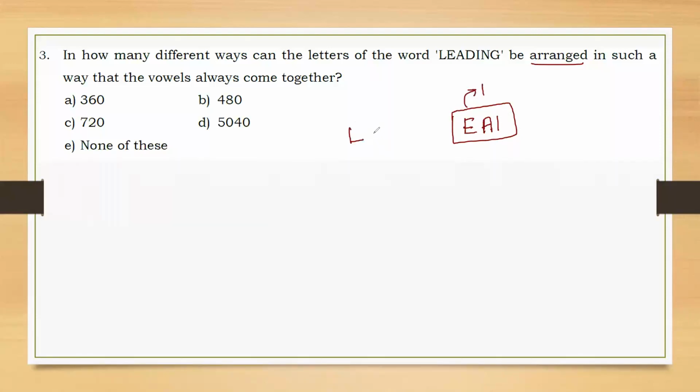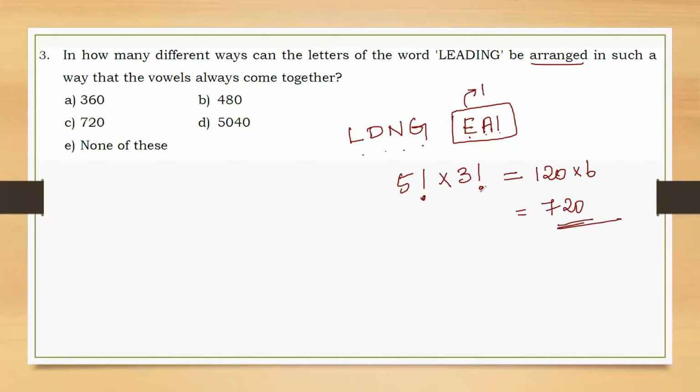And the remaining letters are L, D, N, G. So now we have 5 letters, 1, 2, 3, 4, and 5. So 5 factorial. Then E, A, I, we have 3 letters inside the box. So arrange the 3 letters, we have 3 factorial. So 120 into 6. The answer is 720.